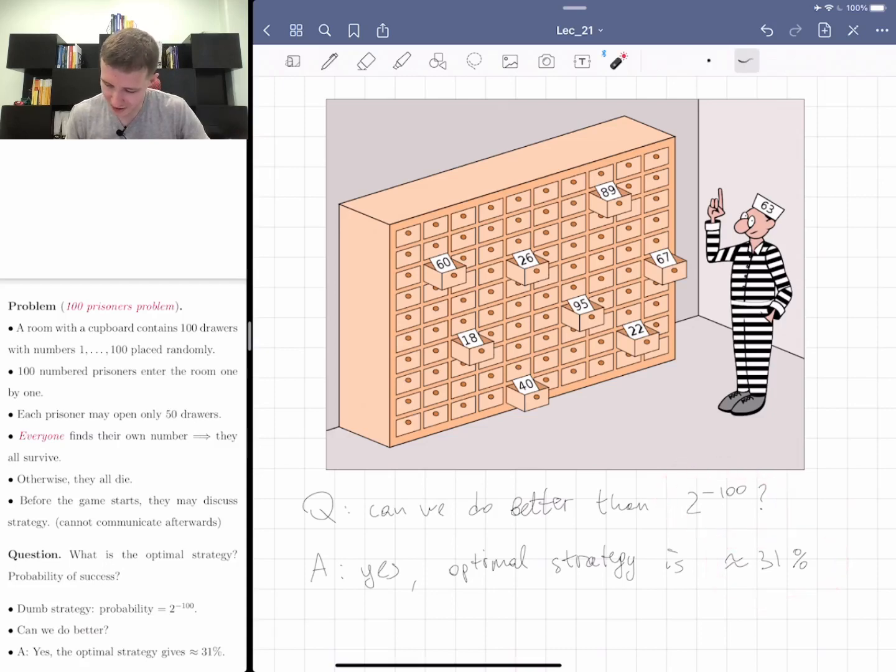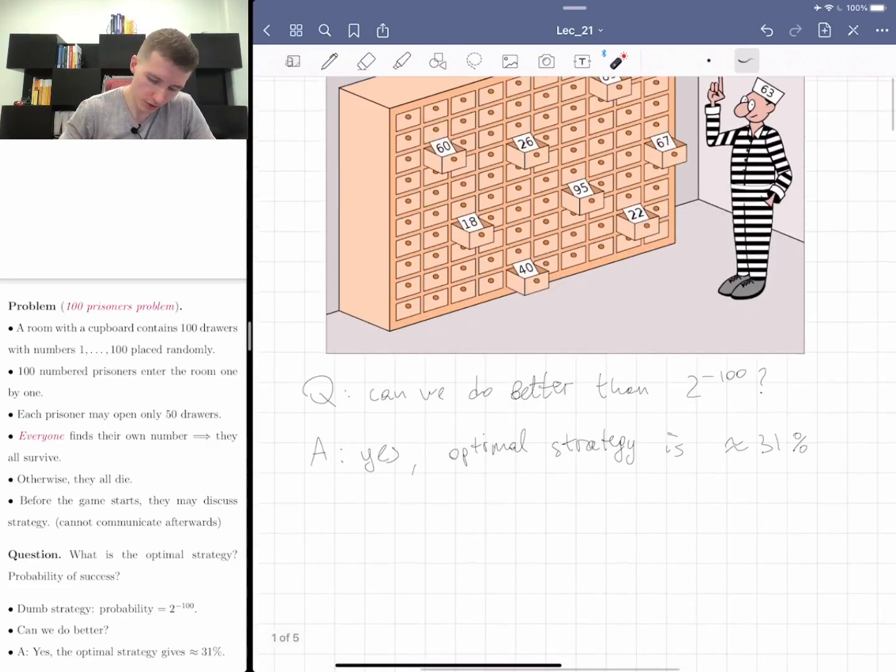Even though 31% survival probability is not high, compared to 2 to the negative 100, it is orders and orders of magnitude better. I'm going to explain a strategy which gives this probability of success. I'm not going to prove that it's optimal, but it is known to be optimal.